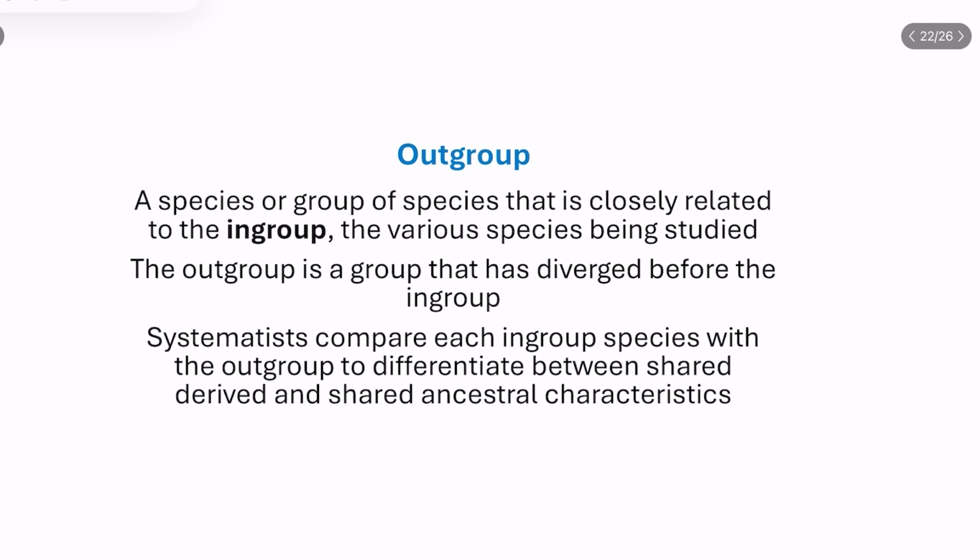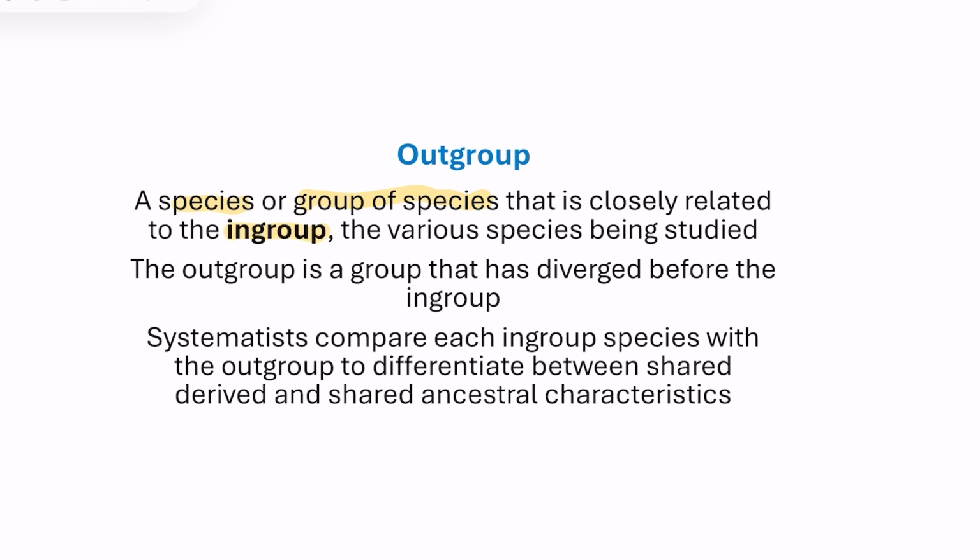Now, what is an outgroup? We always include an outgroup in our phylogenetic analysis. Why do we use this outgroup? It can be one species, two species, or more than two species. It is a species or a group of species that is closely related to the ingroup.